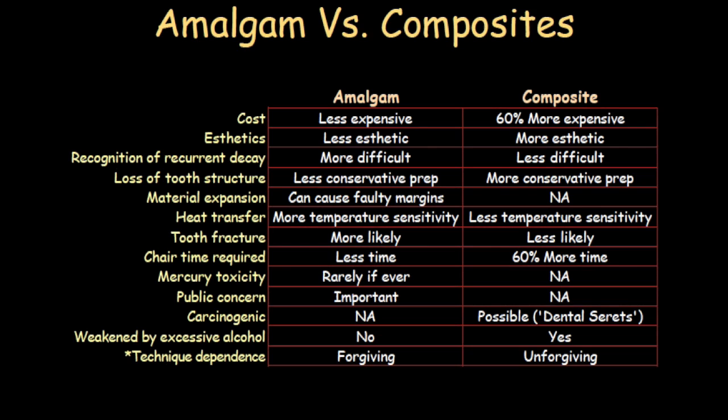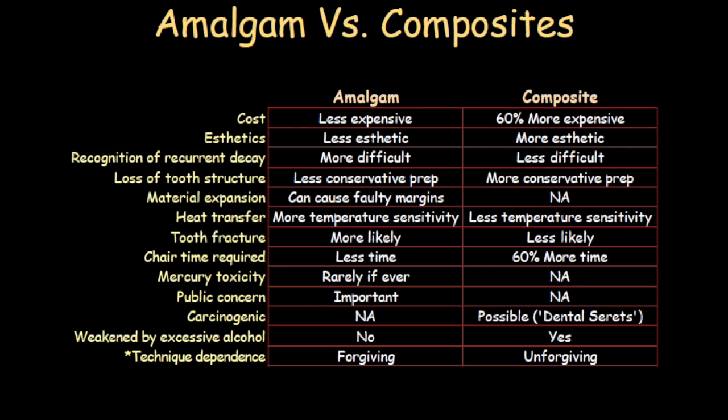Okay, so there's a lot of information here and you can pause it and check things out, but basically the highlights here are composite is an unforgiving material. It's very technique sensitive and it's much more challenging to work with than amalgam. Amalgam can seem difficult at first, I guess, but once you've got some experience, it's basically packing in an amalgam.